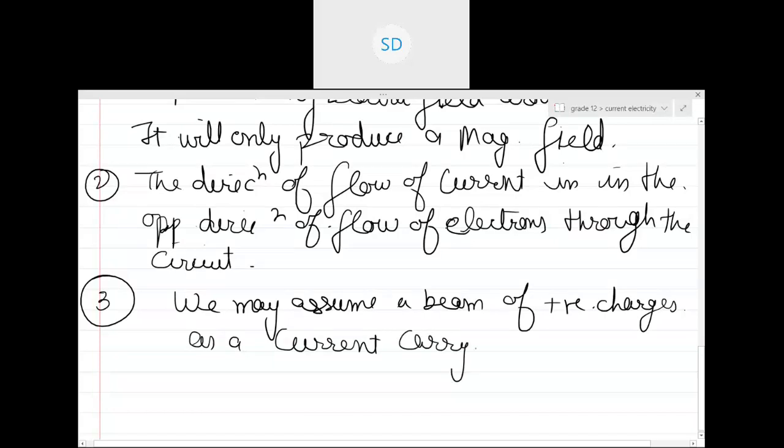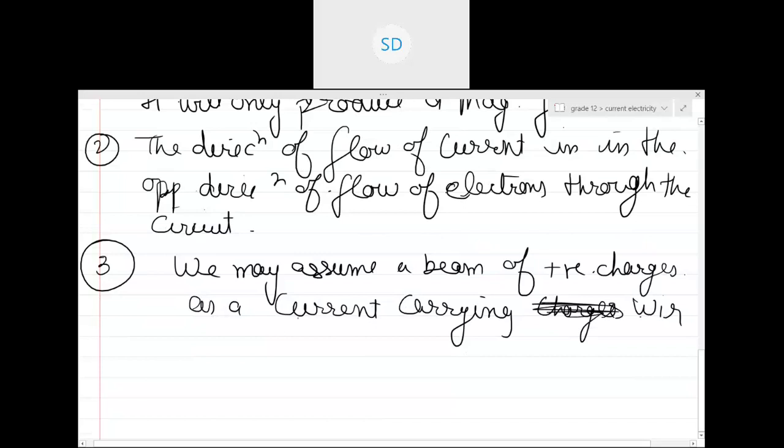Guys, in some questions we do this also. What did I write? Current carrying wire. So we may assume a beam of positive charge. Suppose there is a beam in which positive charges are flowing. Can you see this is charged helium particles, alpha particles?